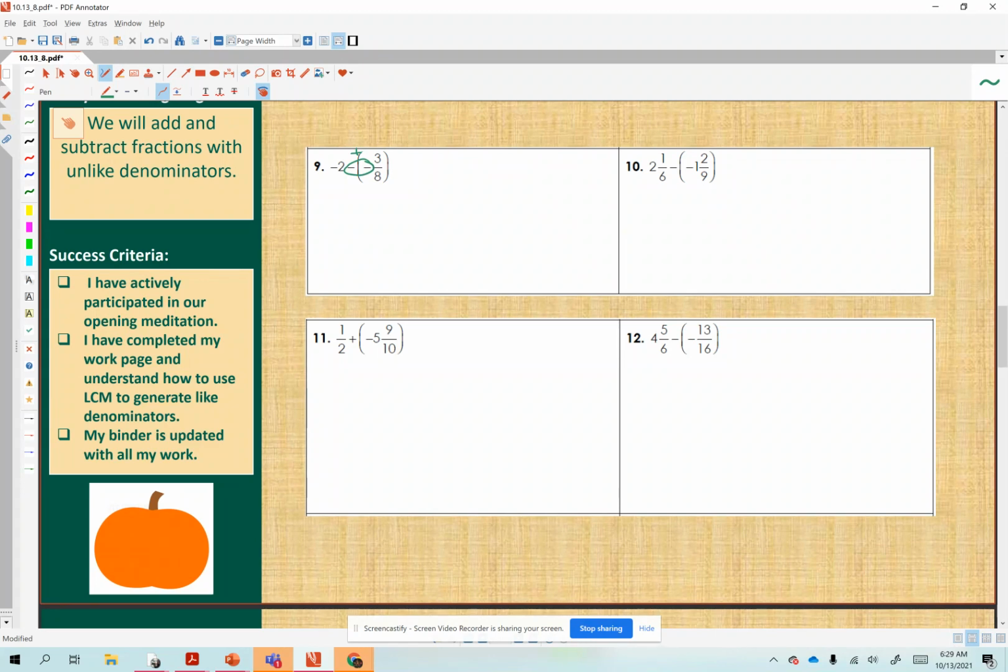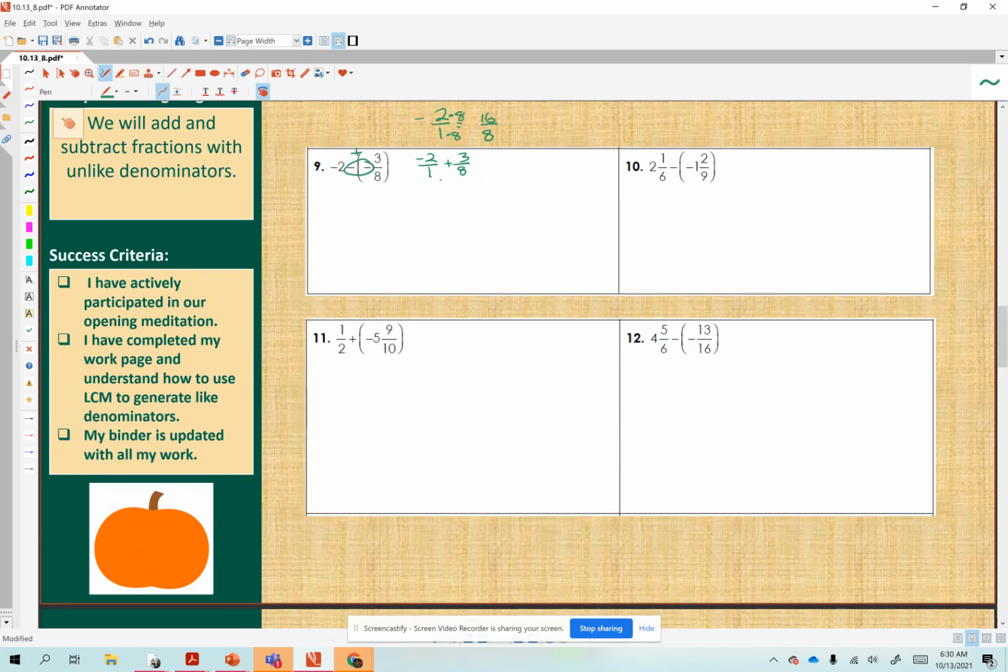So I can think of that negative 2 as negative 2 over 1. And remember, subtracting a negative is adding, plus 3/8. And I need to convert the first fraction to eighths. So 2 over 1 to eighths. Well, 1 times 8 is 8. 2 times 8 is 16.